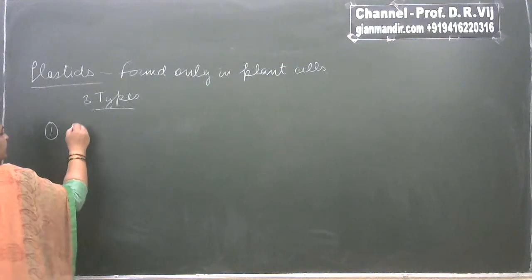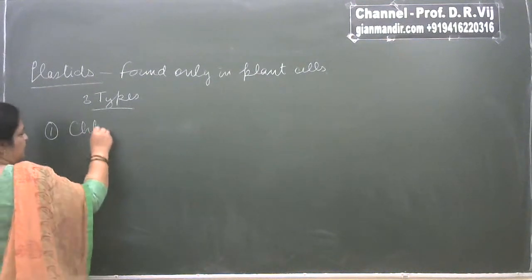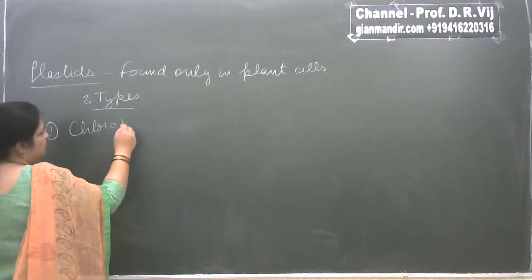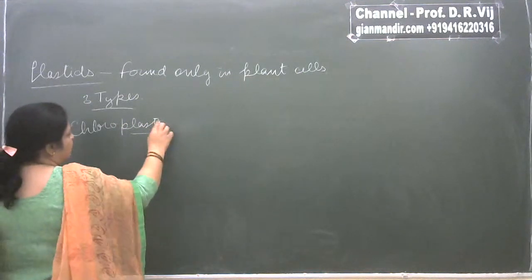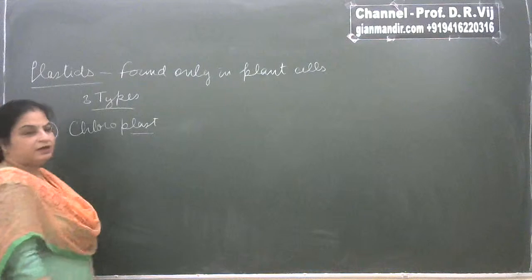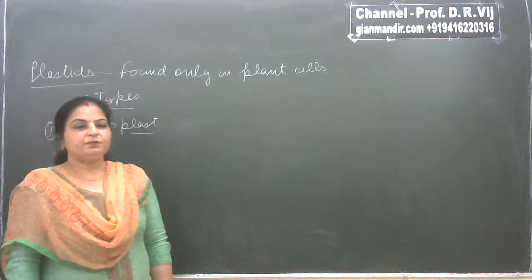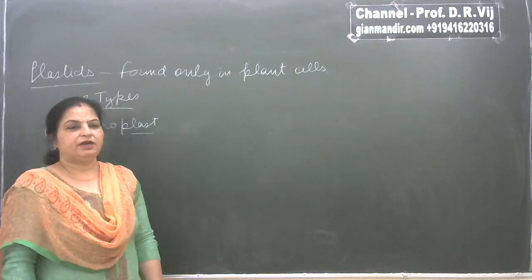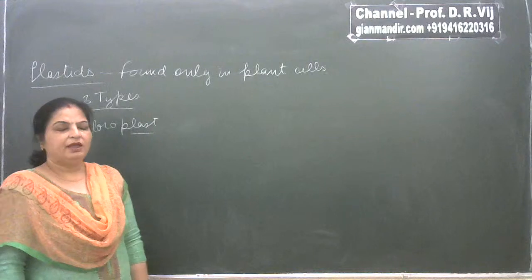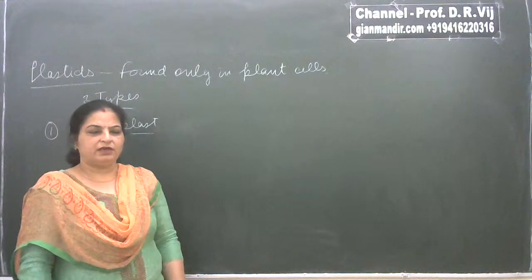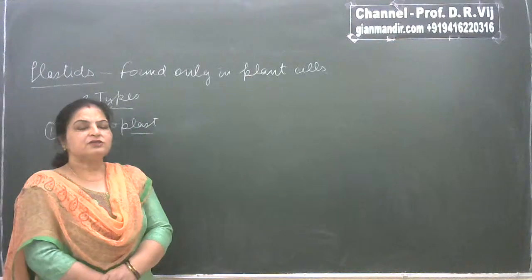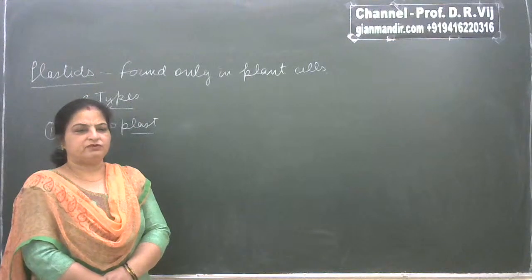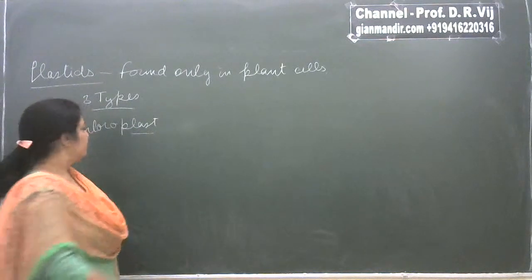One is known as chloroplast. Chloroplast is the plastid which mainly contains the green pigment known as chlorophyll, and the function of chlorophyll is that it helps in the process of photosynthesis so that the plants are capable of synthesizing their own food.